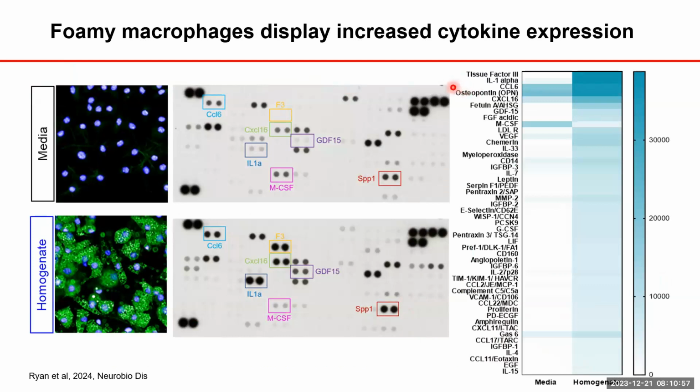This is a commercially available ELISA where it tests for the expression of about 111 different cytokines, including housekeeping proteins. You can see that the top is a media treated condition, and the bottom is a spinal cord homogenate treated condition. You can see that there are certain cytokines that light up after homogenate treatment.